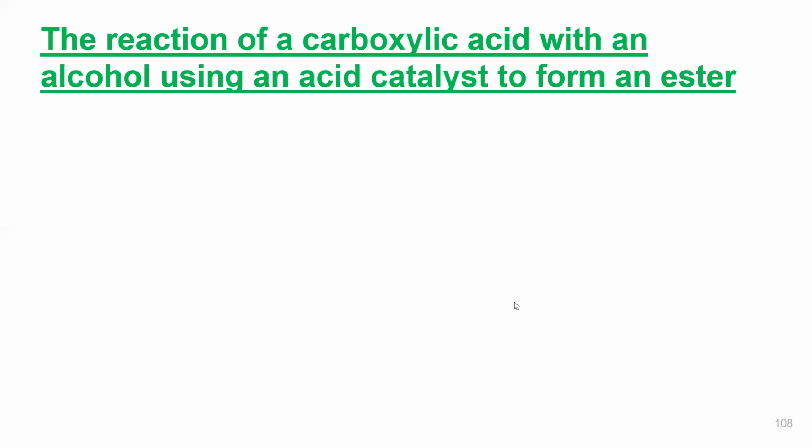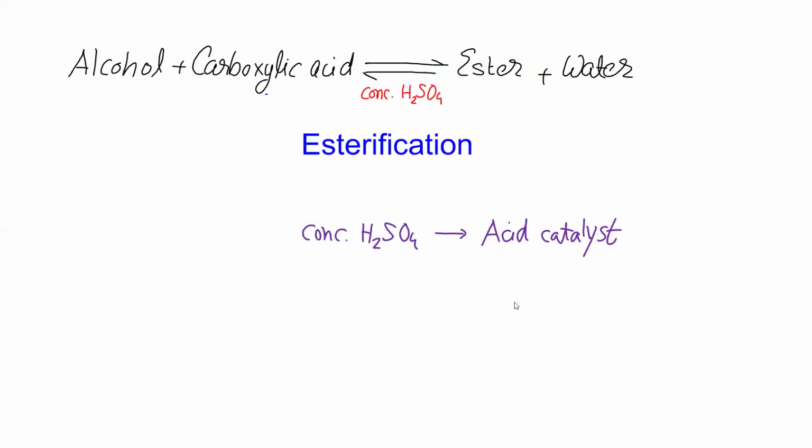This is the definition. Esterification is a process in which an alcohol reacts with a carboxylic acid in presence of concentrated H2SO4 and makes ester and water. Concentrated H2SO4, why? Because it is an acid catalyst and it is being used here as a dehydrating agent.